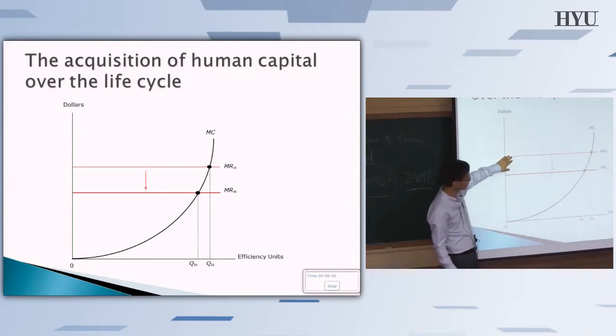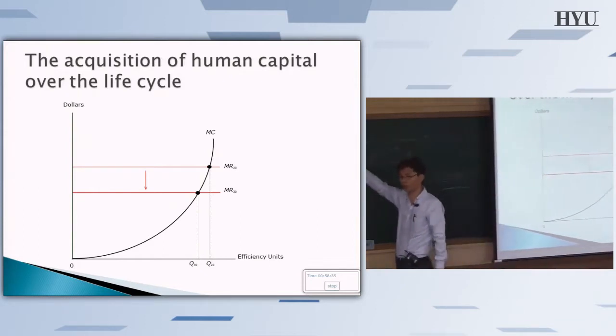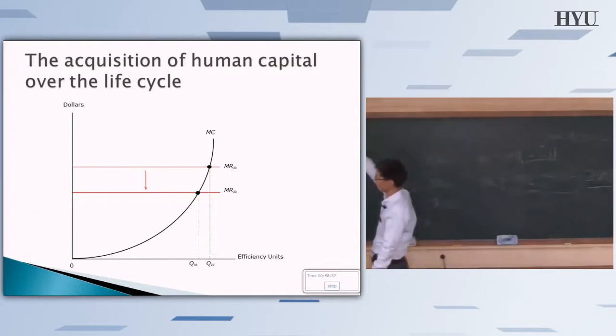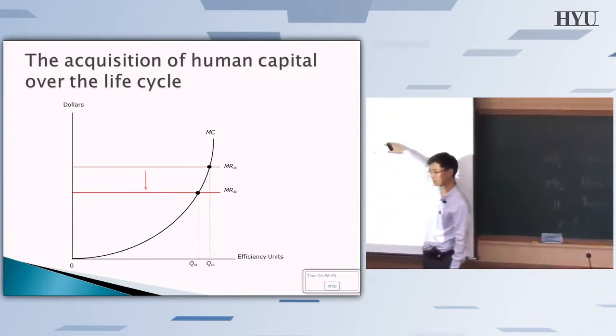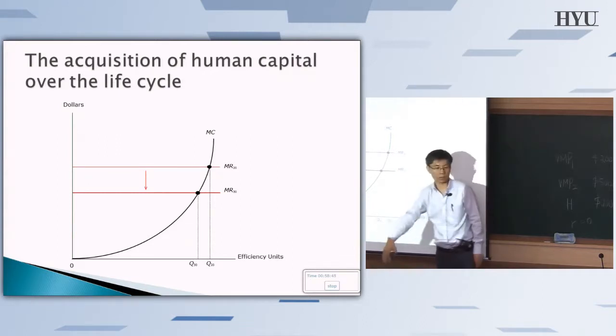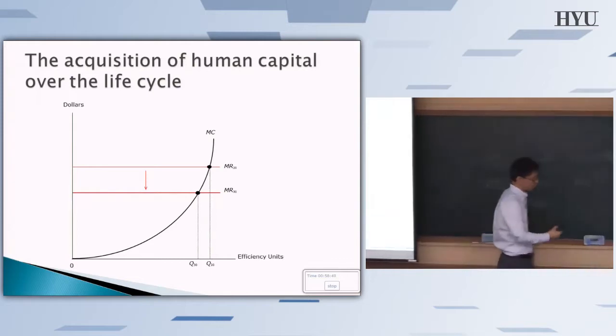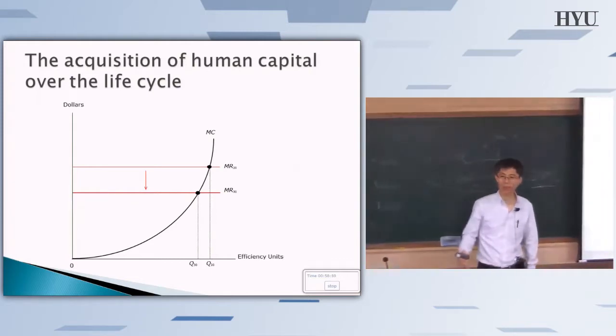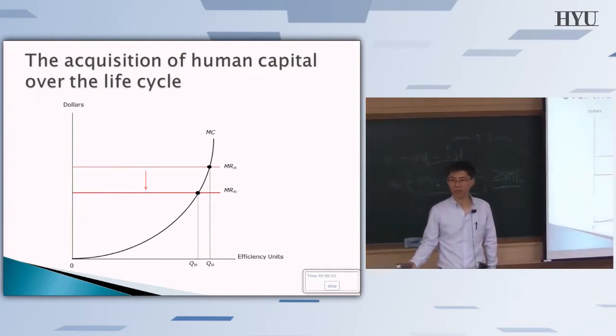So it's marginal revenue at age 20, marginal revenue at age 30. That means usually the amount of training the individual gets gets smaller and smaller as they get older. Younger individuals are likely to invest much more time in getting training than the older workers.